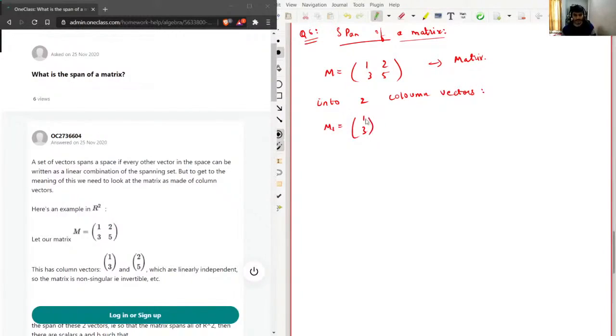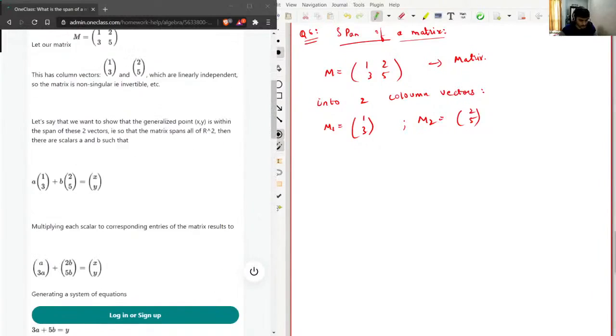Again you can see that we have only one column but two rows. And then we have M2, that is 2 and 5. So this has column vectors 1, 3 and 2, 5, which are linearly independent. So the matrix is non-singular, that is invertible, and so on. Now let's see what they are doing.